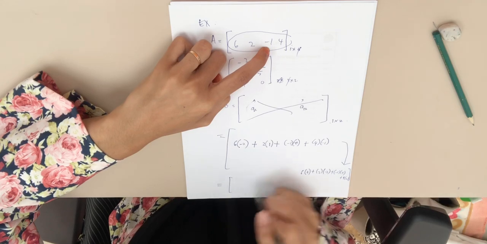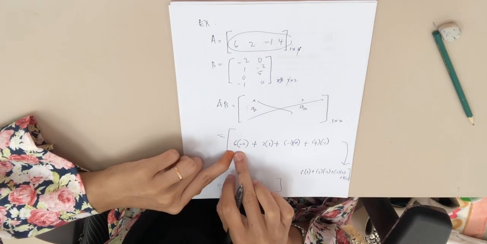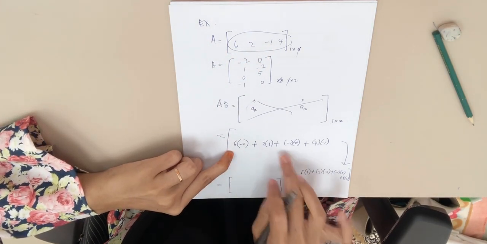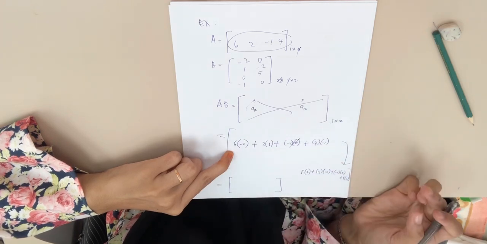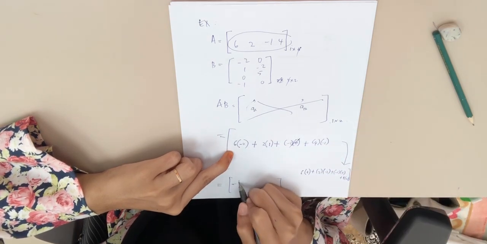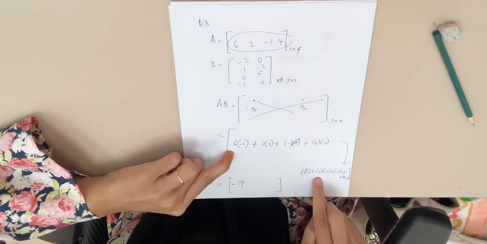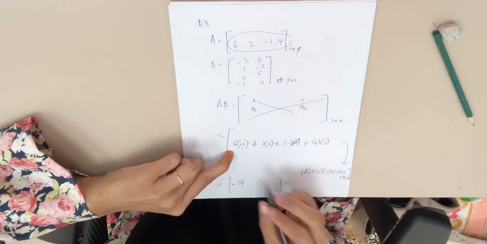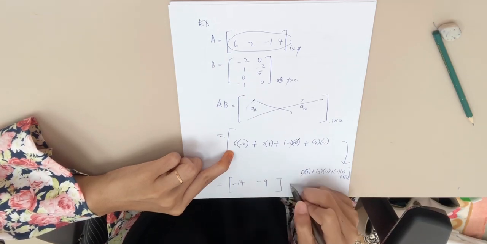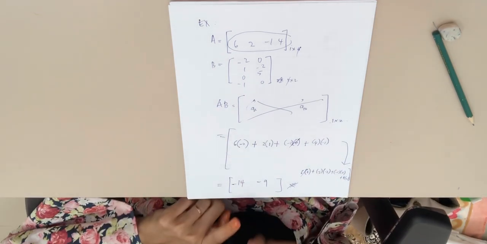So you will get the answer here. -4 minus 5, negative 9. So this is the final answer.